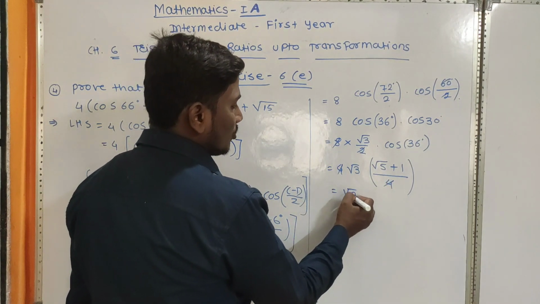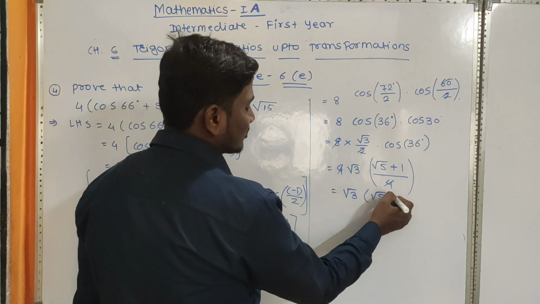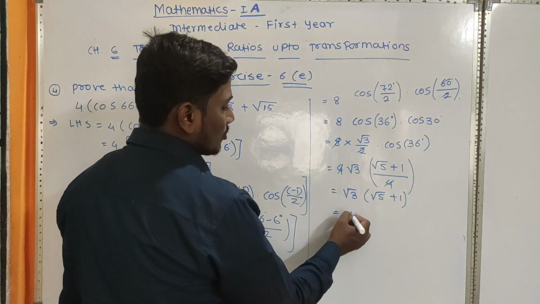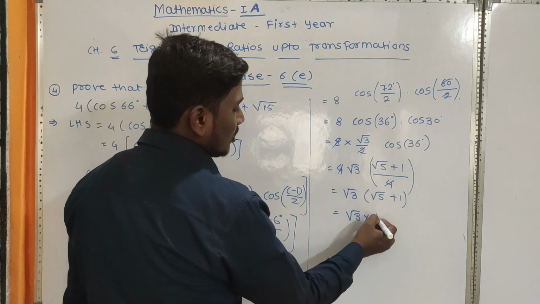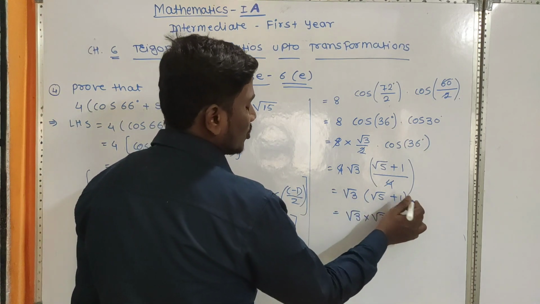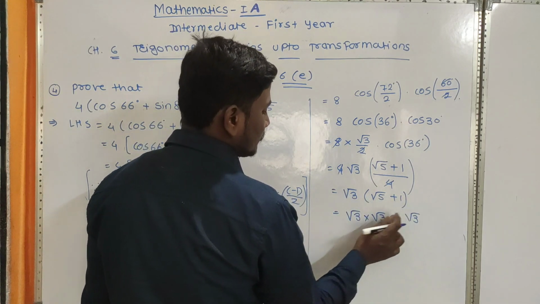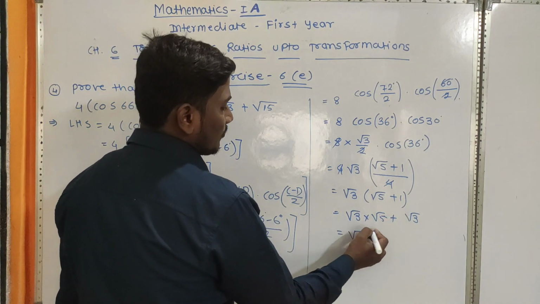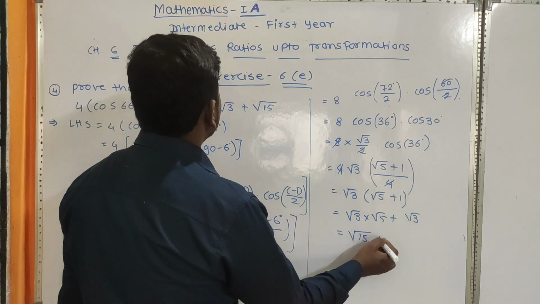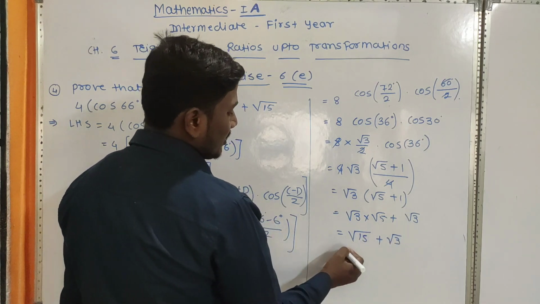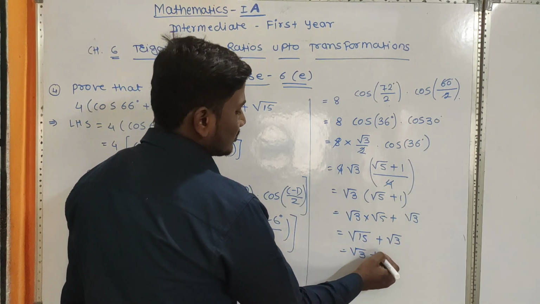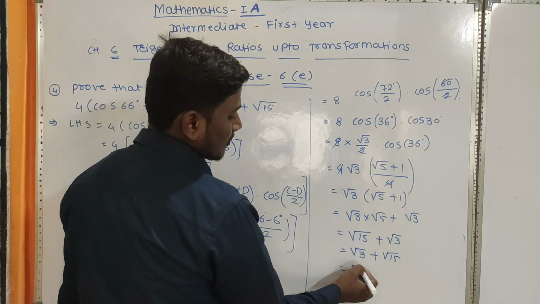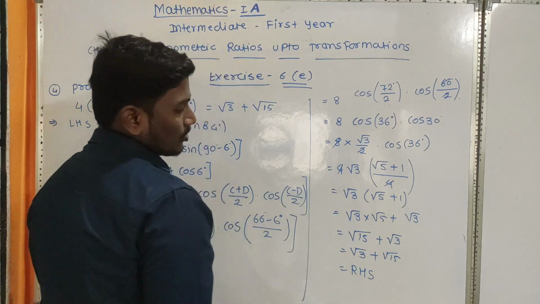Root 3 into root 5 plus 1. So root 5 into root 3, plus root 3 into 1. So root 15, 5 3s are 15, plus root 3. So this can be written as root 3 plus root 15. So this is the required RHS, hence proved.